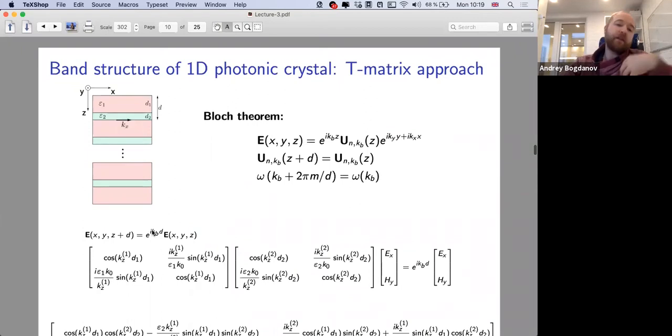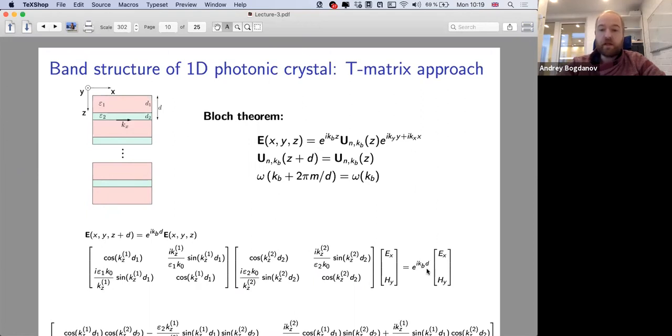On the other hand, we know that the relation between the tangential components of the electric and magnetic field at this interface and the other side of the period can be described by the transfer matrix method, or using the Bloch theorem, by the following relation.